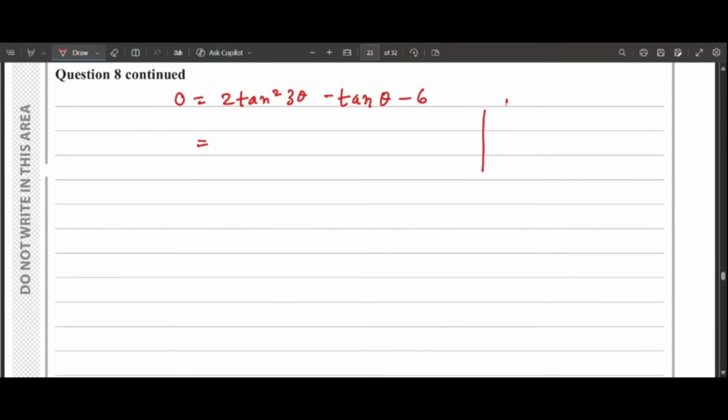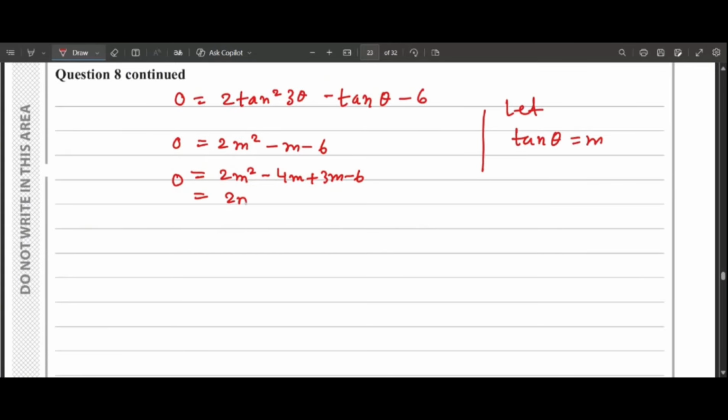If we assume that tan 3 theta is m, we can write out this expression as 2m square minus m minus 6. Now, as this is in quadratic form, we can use the middle term method to factorize this. Using the middle term method, we can write 2m square minus 4m plus 3m minus 6 is equal to 0.